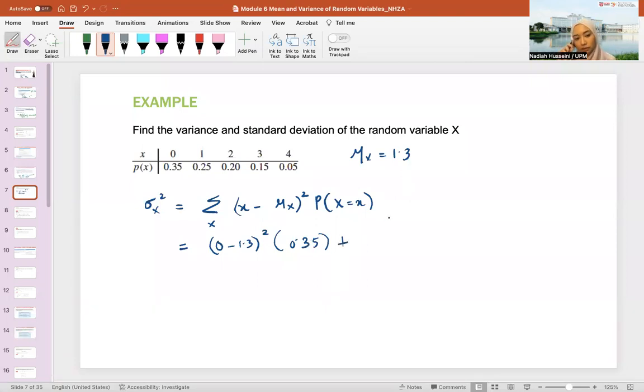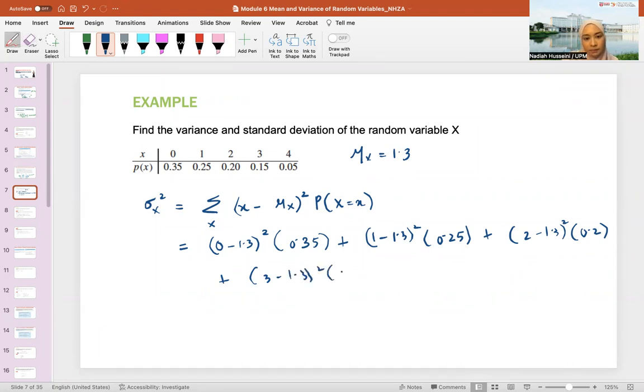Plus 1 minus 1.3 squared and 0.25. I'm going pretty slow here. 2 minus 1.3, 0.2. Sorry, I'm missing the square. Plus 3 minus 1.3, and you get the idea, I think.